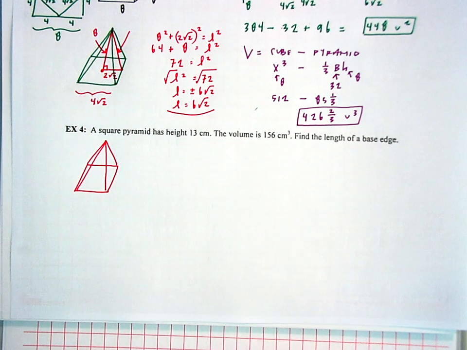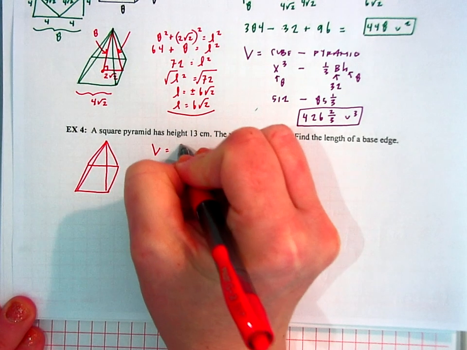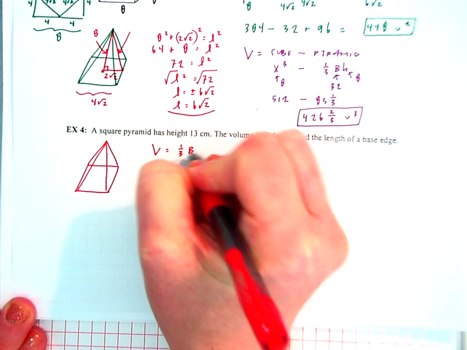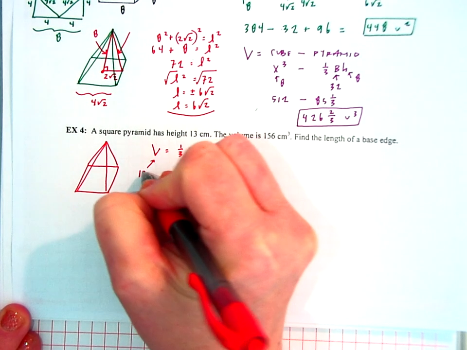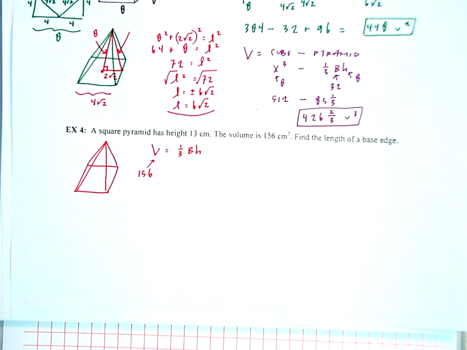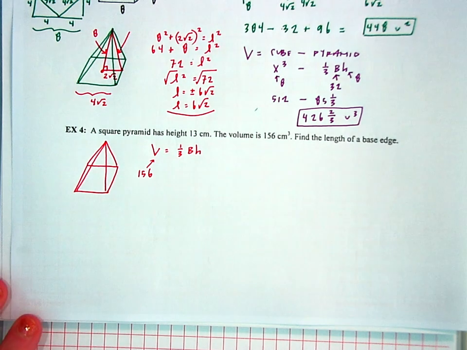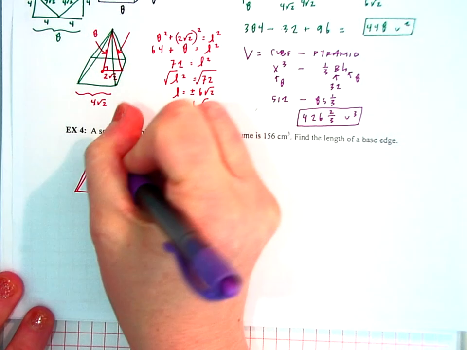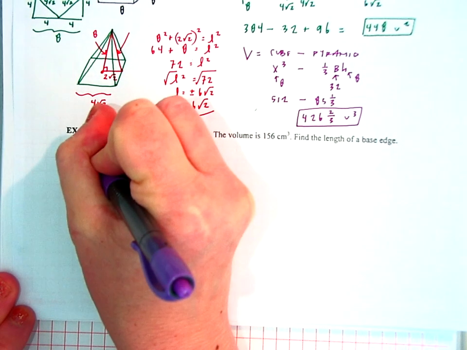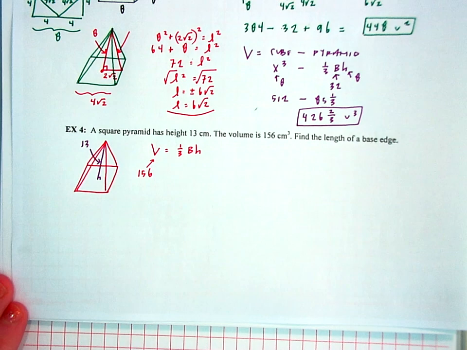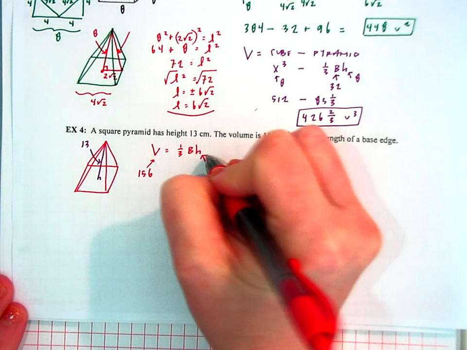We know that its volume is 1/3 the base area times the height, and we're told that that volume is 156. We're told that the height is 13, so let me go ahead and draw that in and label it here 13.